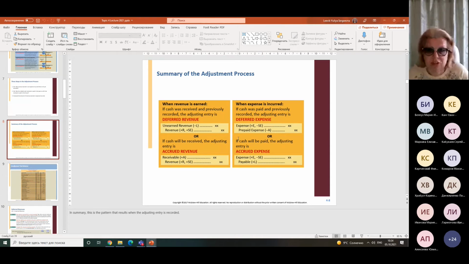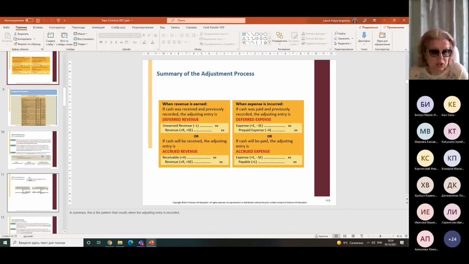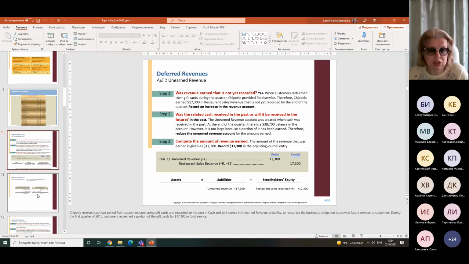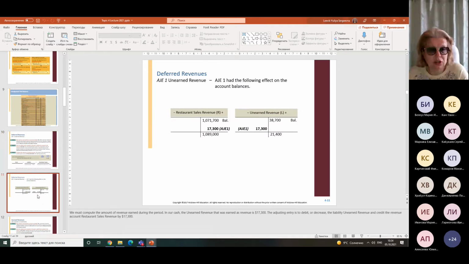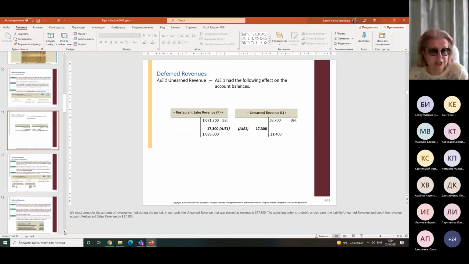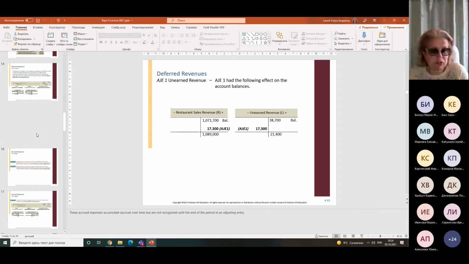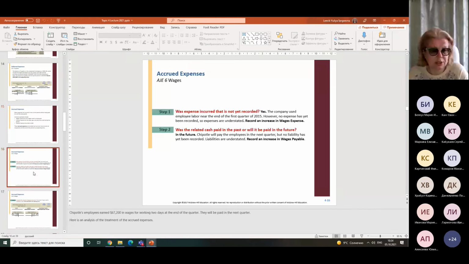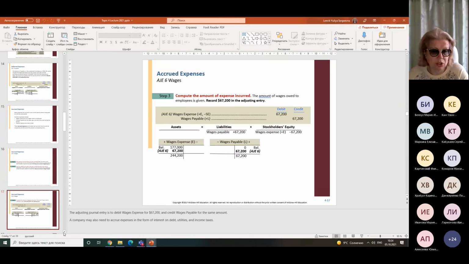So adjusting entries always have this following format. It does not depend on the content of the transaction. So this is why I recommend this slide. So in this presentation also you can see how to treat and how to prepare adjusting entries. Very nice presentation with a lot of explanations.